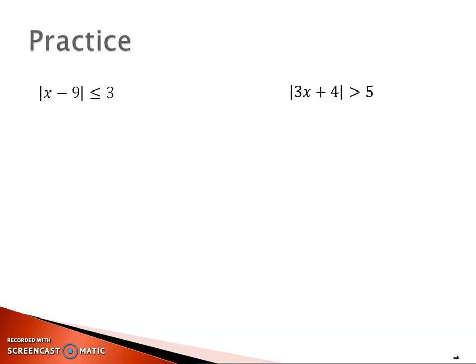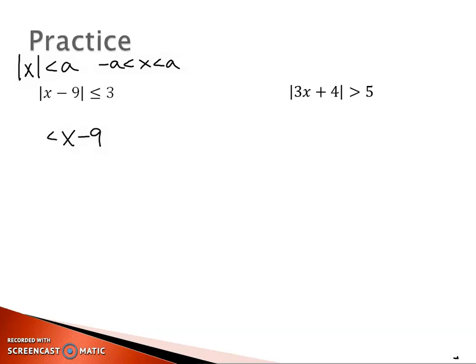Okay, hopefully you've tried it on your own. Okay, so I've got my absolute value by itself first. So I've got a less than or equal to. Less than signs mean absolute value of x less than a. Okay, that means that I need a negative a less than x less than a. Okay, so my x in this case is an x minus 9. Okay, that's in the middle of it.